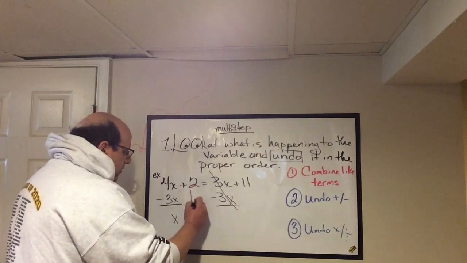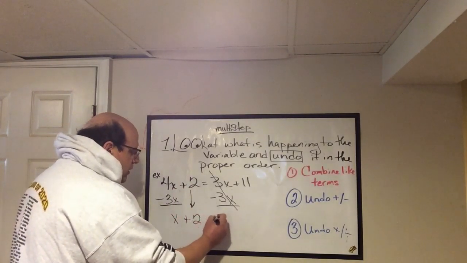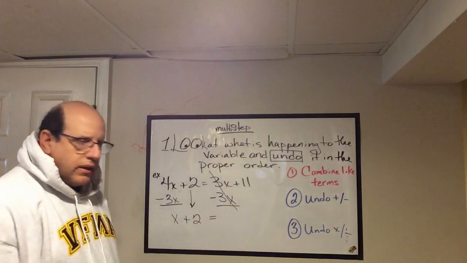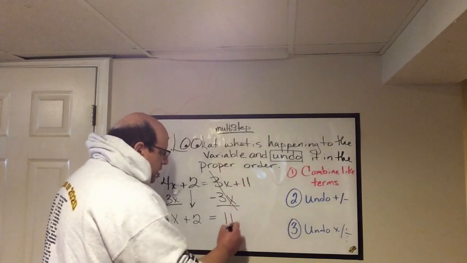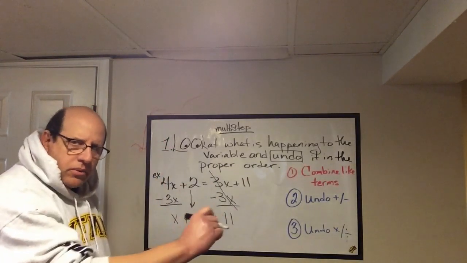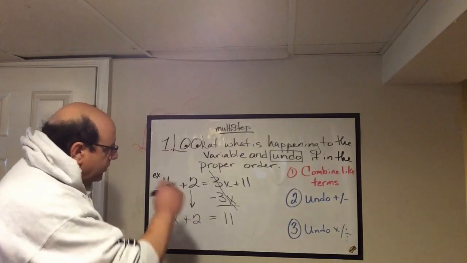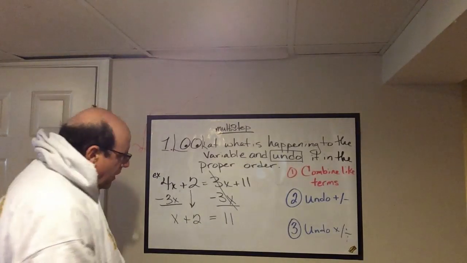Now, what's left over there is a plus 2, and I'll bring it straight down and put my equal sign in. Now, 0 plus 11 is just 11, right? Because this became a 0. That's why I put the slash through it instead of the 1 through it. The slash through it tells me that it cancels it out and becomes 0.